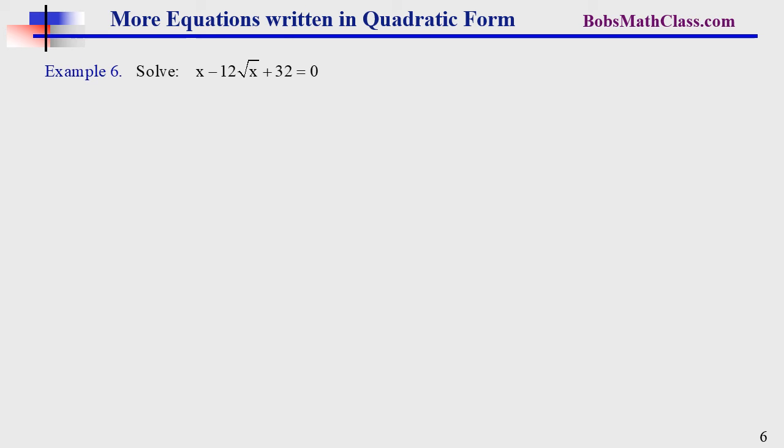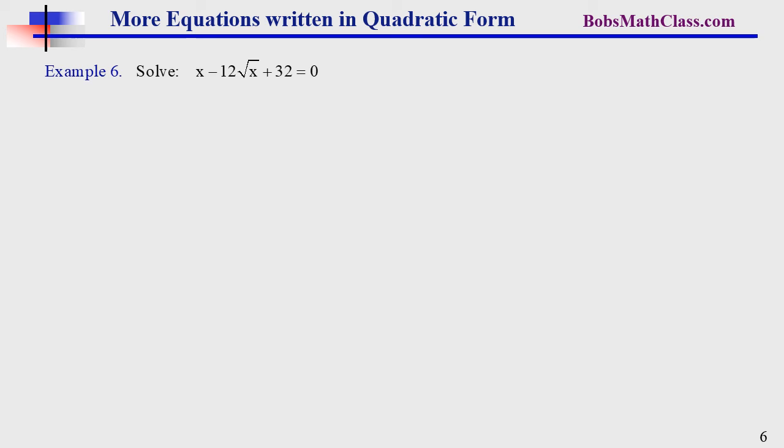Okay, this next problem is something you may not have seen before. It has a square root in the problem, and you may have done problems where you isolated the square root, but we're going to do it different this time. We're going to use a substitution. Okay, so what we're using is a substitution to get rid of the radical.